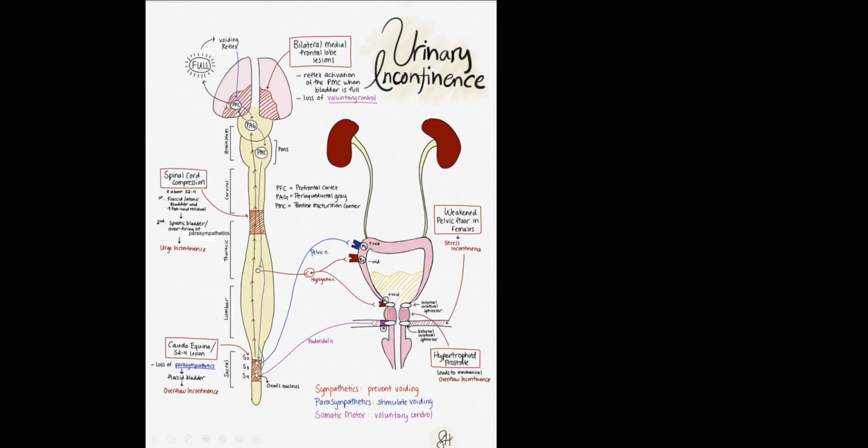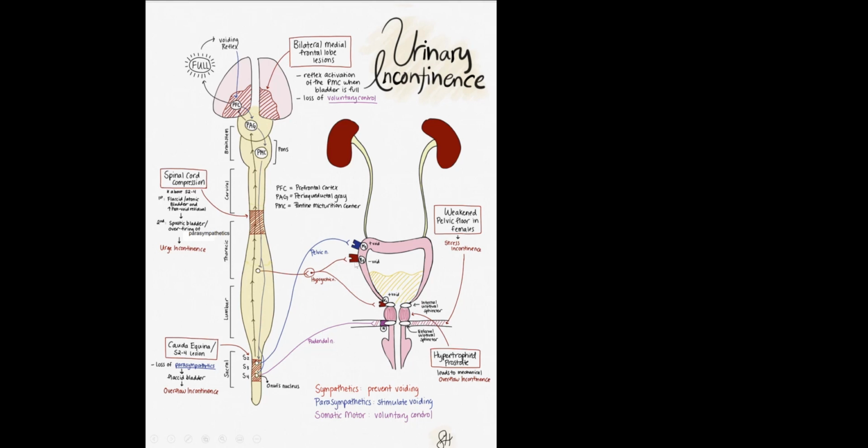Now, to understand what happens next, we just need to realize here that the sympathetics, which mainly come from the thoracic cord to the bladder, go through the hypogastric nerve, and the sympathetics want to prevent voiding. And so the sympathetics here will inhibit the detrusor muscle.